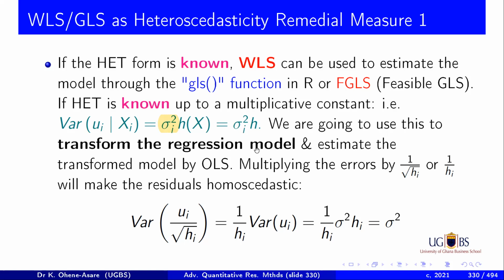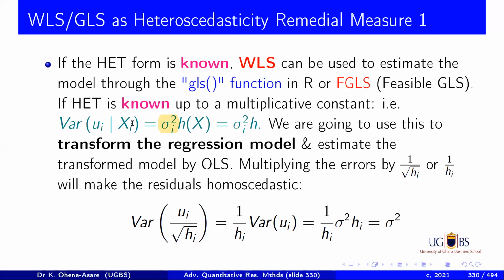We can transform the regression model and estimate the transformed model by OLS. But now that you are estimating the transformed model by OLS, it gets a new name, and that is what we mean by GLS. So how do you transform the model? I'm going to do the mathematical transformation of the model, and I'm going to go slow.